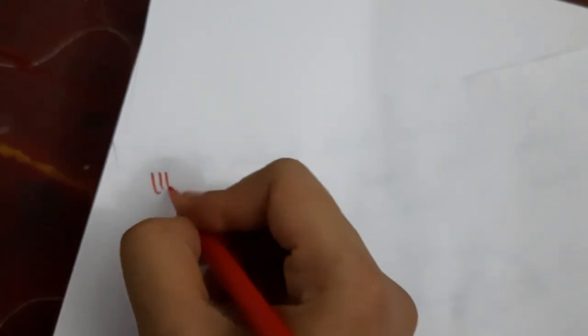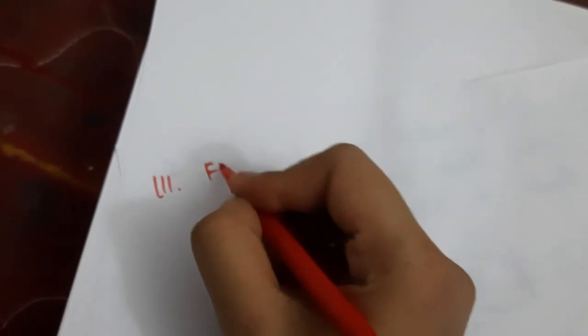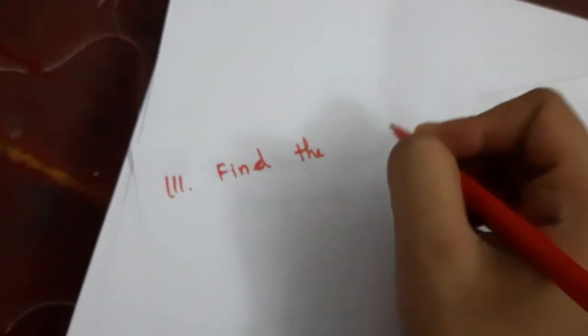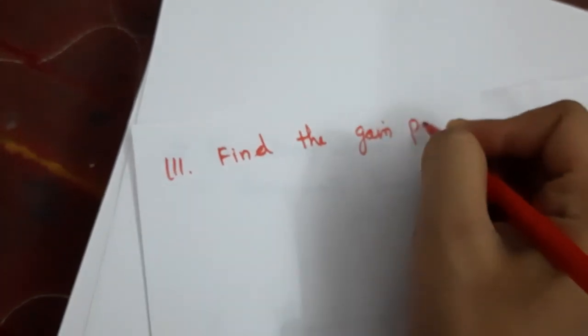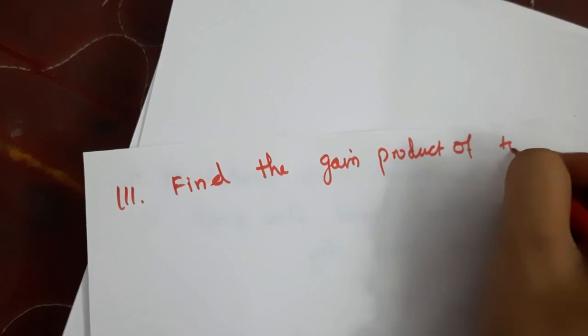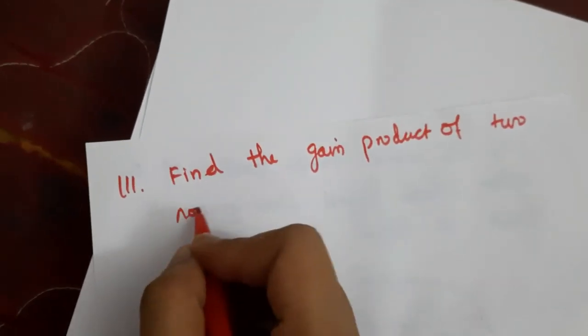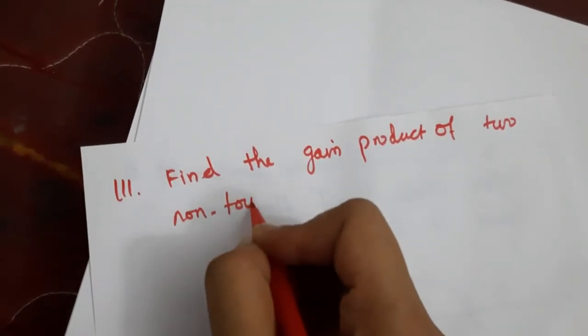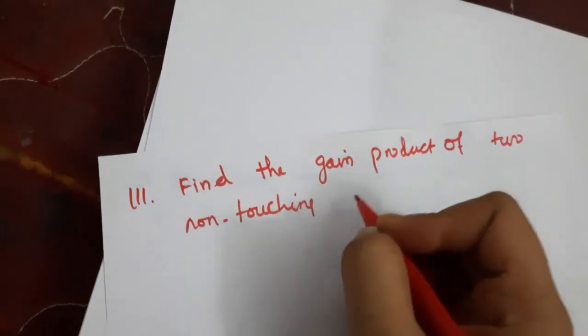The third step is to find the gain product of two non-touching loops.